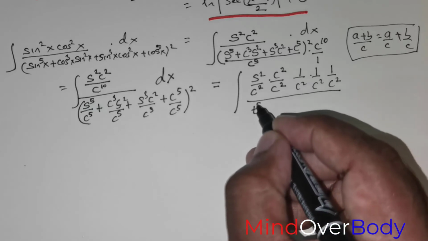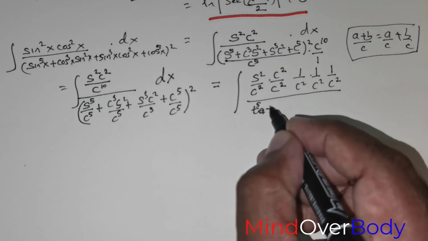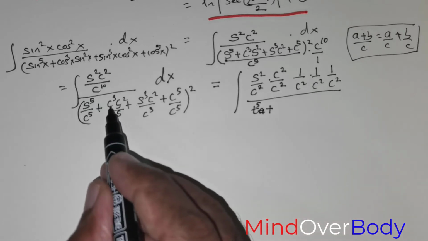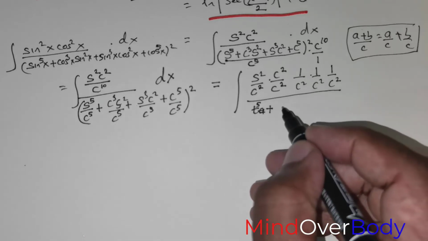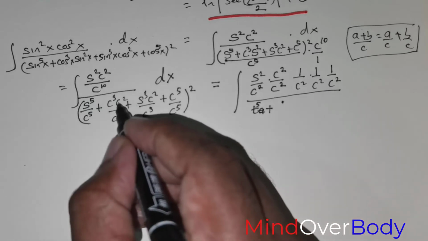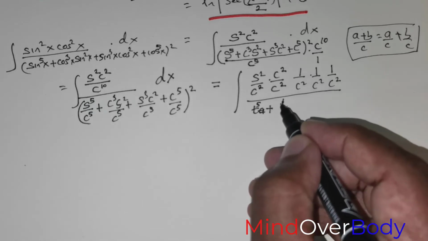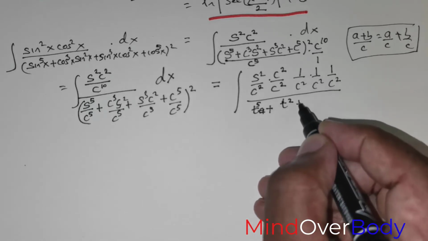So this is t raised to the power of 5 positive, now this is c cubed and c raised to the power of 5, so that means I would get s squared over c squared, so this is t squared positive.